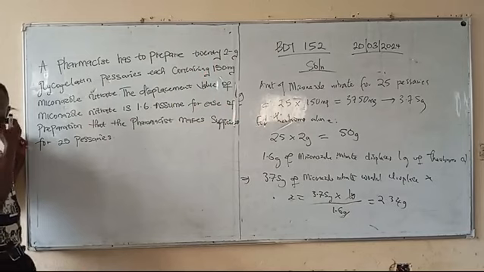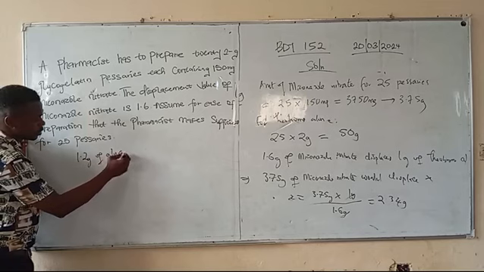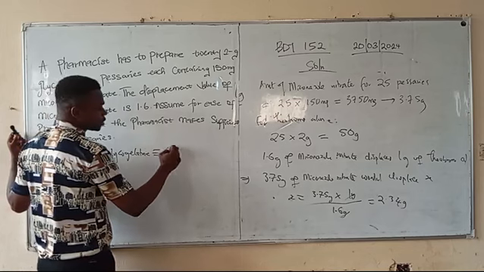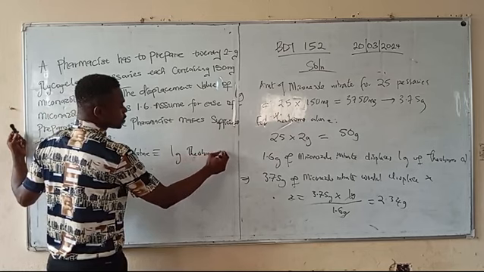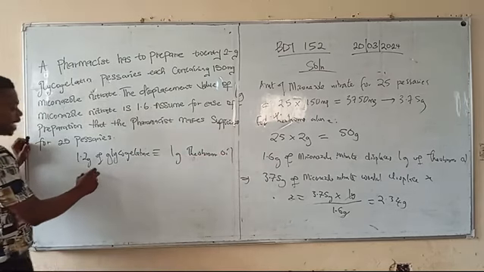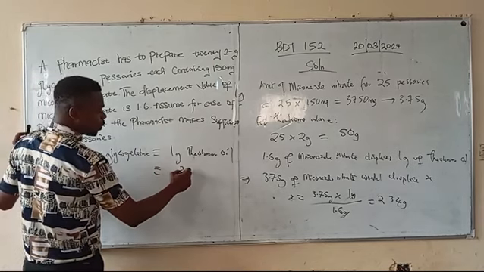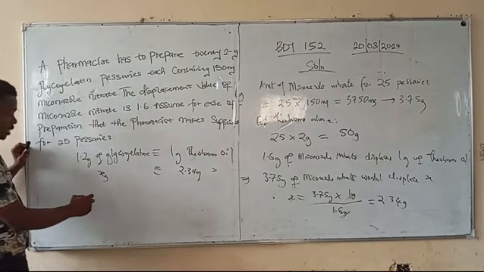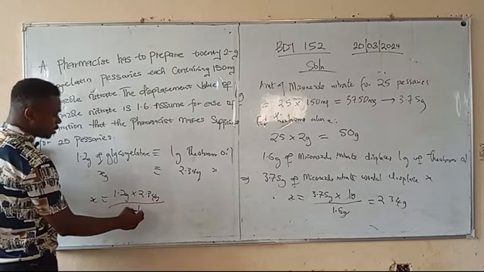Remember we said that 1.2 gram of glycogelatin base is equivalent to 1 gram of theobroma oil. So X gram of glycogelatin base will now be equivalent to 2.34 gram of theobroma oil. So let's find this X. X is now equal to 1.2 gram times 2.34 gram, all over 1 gram.